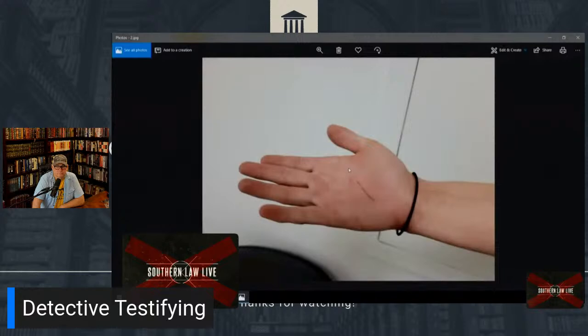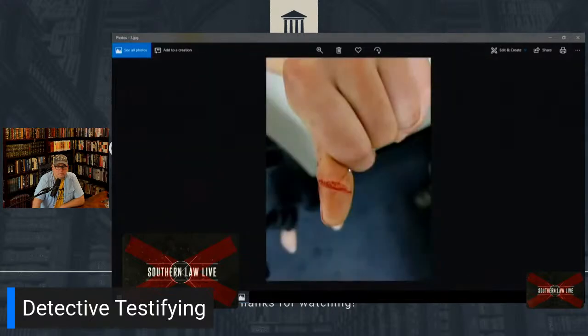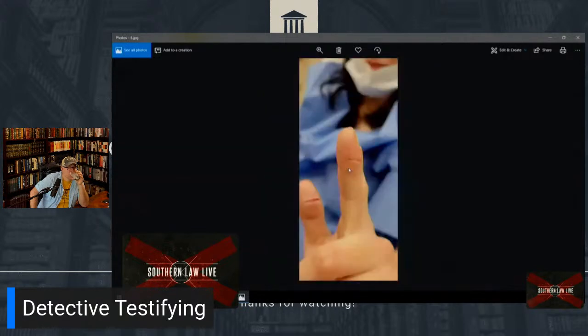Yes, it would be. That would be her right hand and a superficial cut in the palm of her hand. And then 105. This would be the cut on her thumb, her left hand thumb. And then 106. 106 is a superficial cut on the index finger of the left hand.